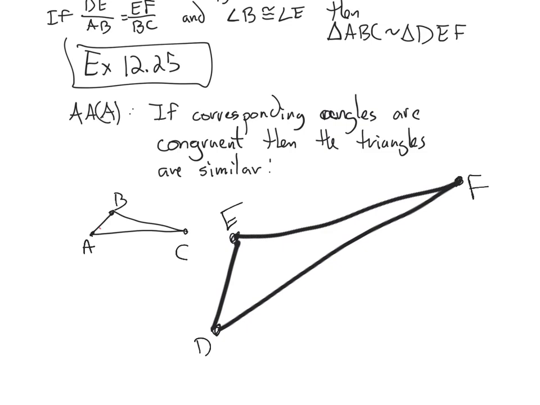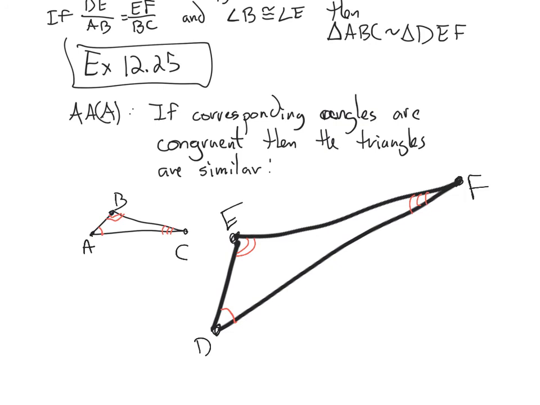So let's say I know that angle A here is congruent to angle D. Angle B is congruent to angle E. And angle C is congruent to angle F. Let's say I have that information.